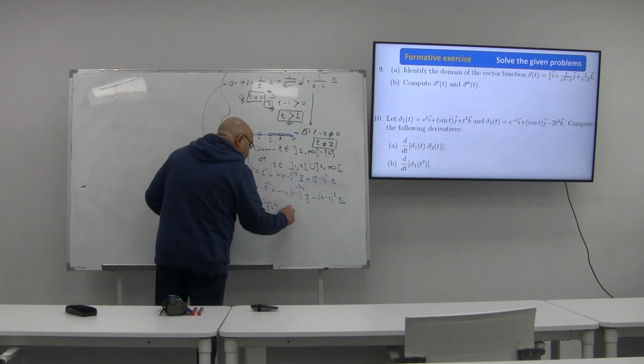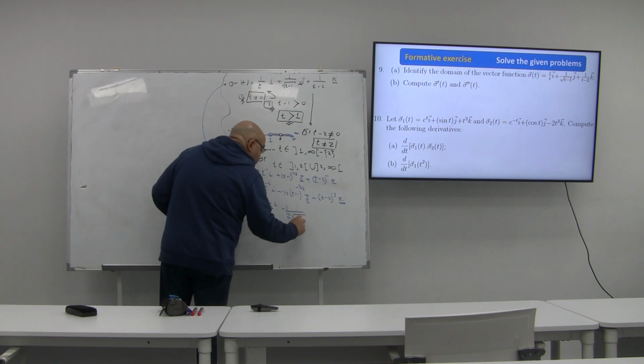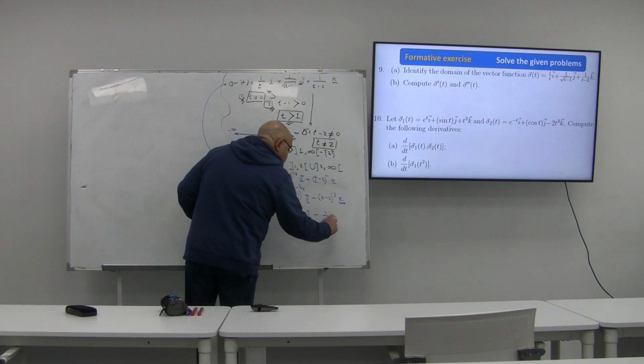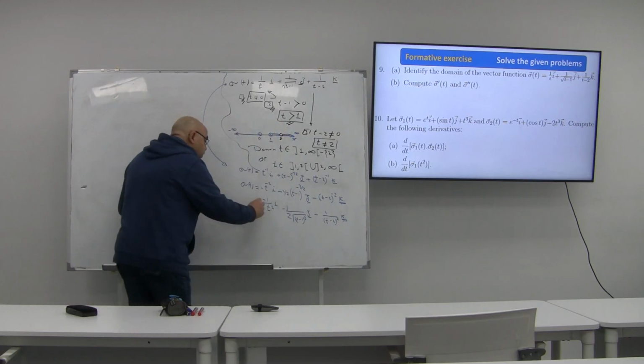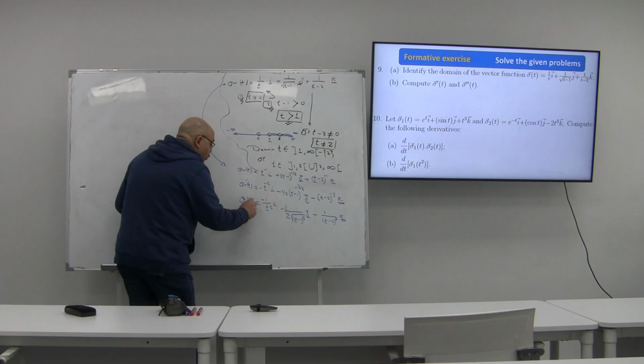The second component is going to be -1/2, and this is going to be a square root of (t minus 1) to the power of 3 in the j direction. And the last component is going to be 1 divided by (t minus 2) to the power of 2 in the k direction. These are the derivatives, as I told you, for rho dash.